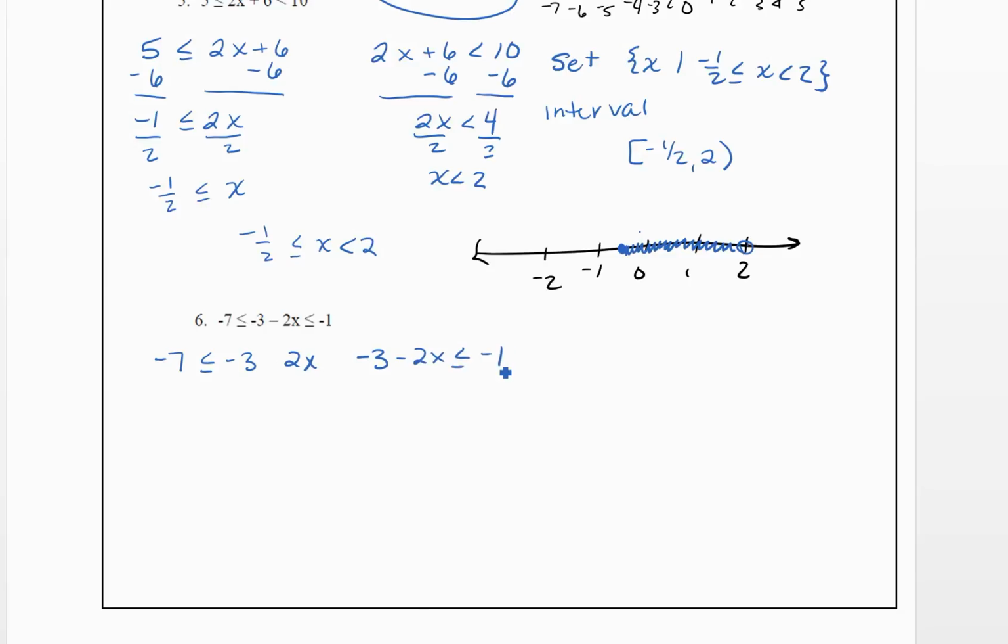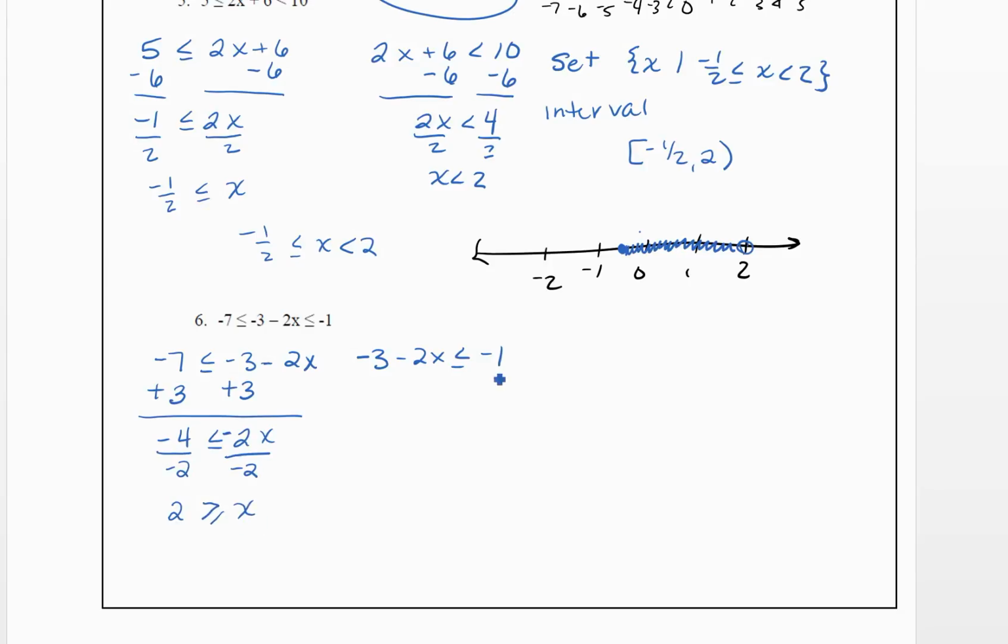Okay, so the first thing I'm going to do here is add 3 to both sides. So I'll get -4 is less than or equal to -2x. Oops, sorry, that should be a -2x. So I'll divide both sides by -2. Now remember, when we divide by -2, our sign is going to flip. So we're going to get 2 is greater than or equal to x.